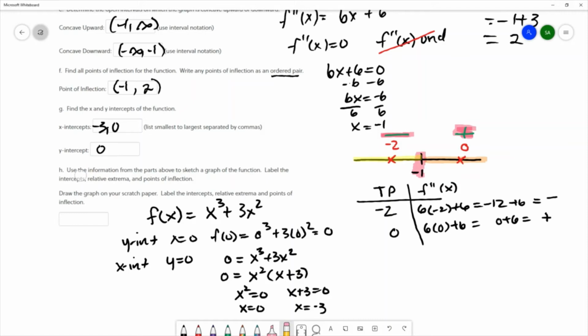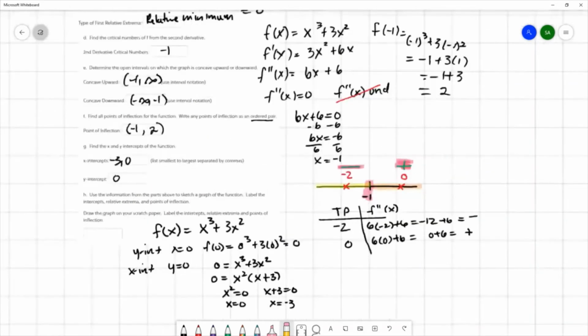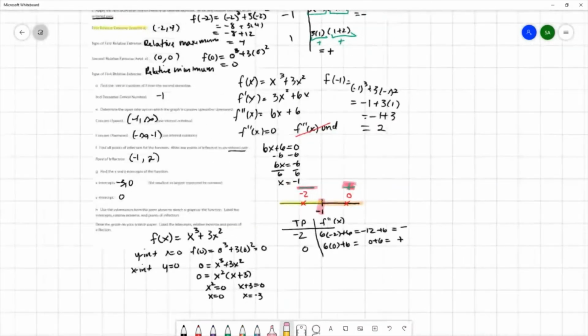Now we want to use the information from all the parts above to sketch the function. Label the intercepts, relative extrema, and points of inflection. But before I start drawing the graph, I want to combine the information from the chart I made for the first derivative and the chart I made for the second derivative.